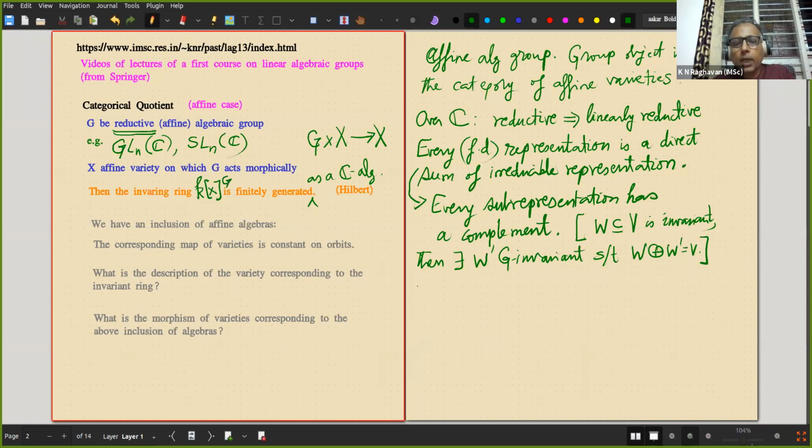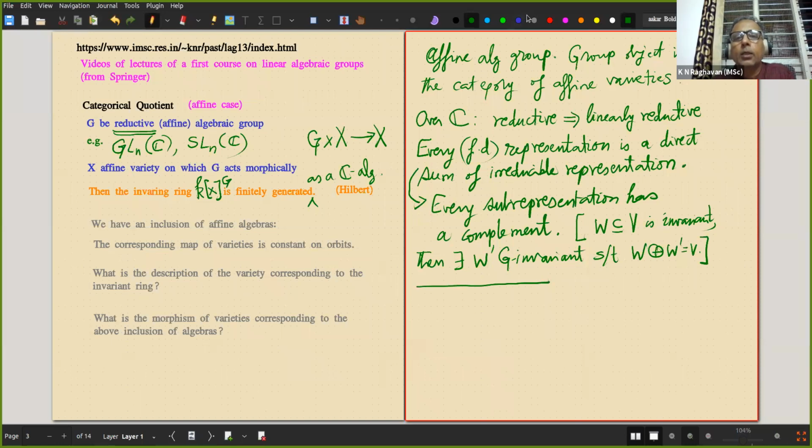So last time, in Upendra's lecture, he would have mentioned this. Let's start over again. G acts on X, right? That's what we have.